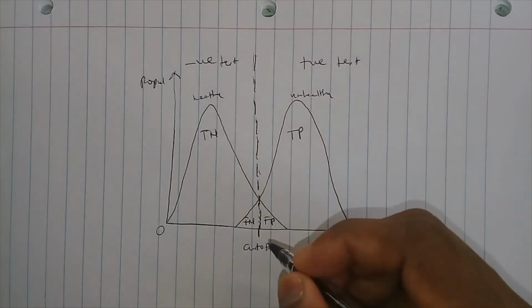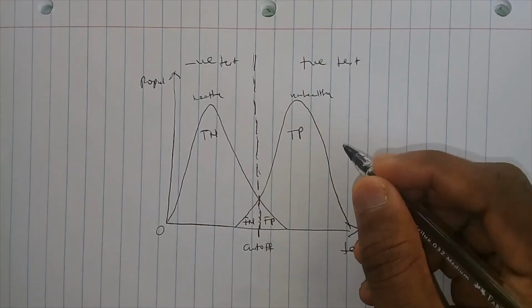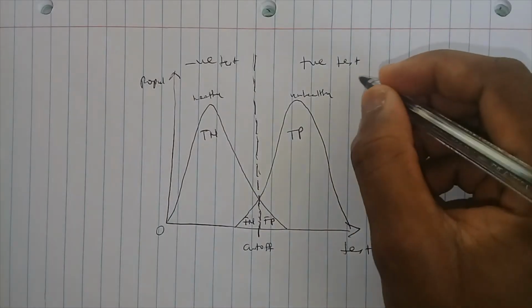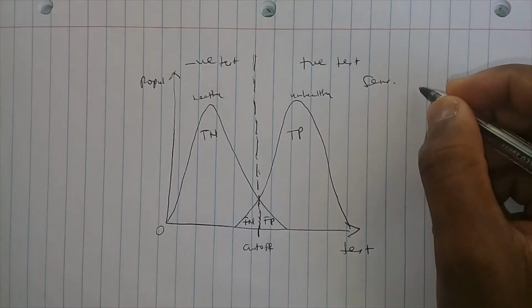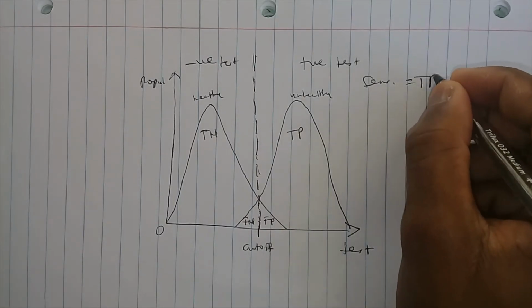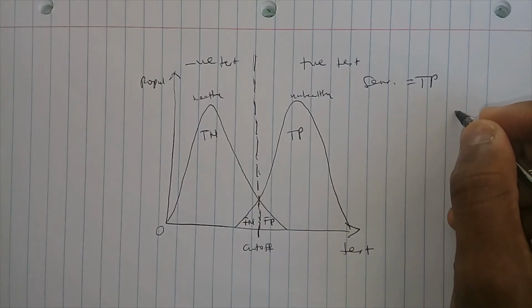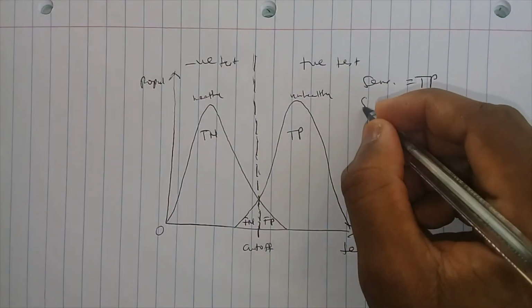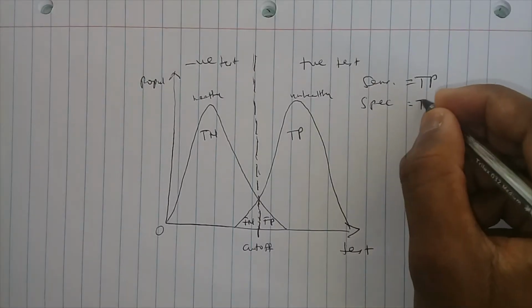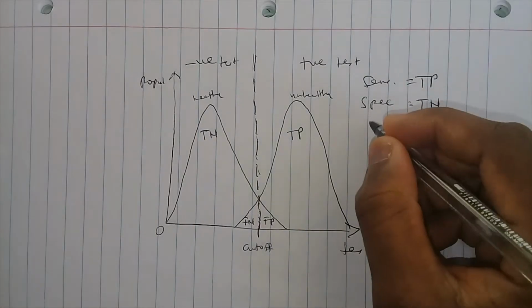So how do I relate all this to sensitivity and specificity, and how are they going to change if there's a change in cutoff? You should know that sensitivity, which is the ability of the test to detect those with the disease, is basically the true positive rate. That's important. And specificity, which is the ability of the test to detect those without the disease, will be the true negative rate.